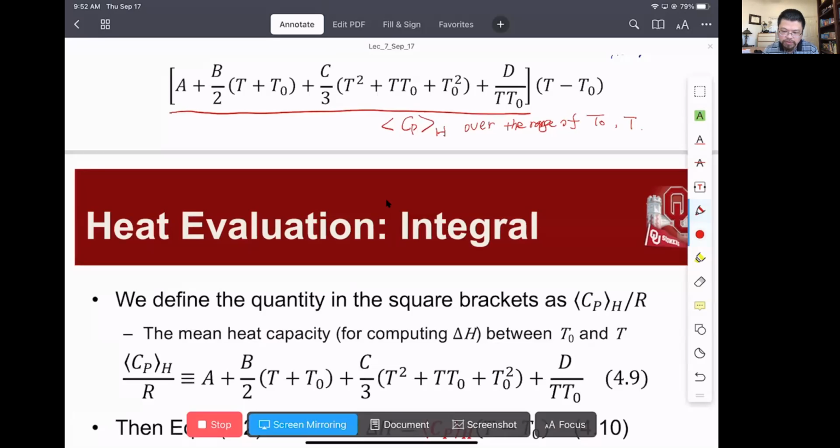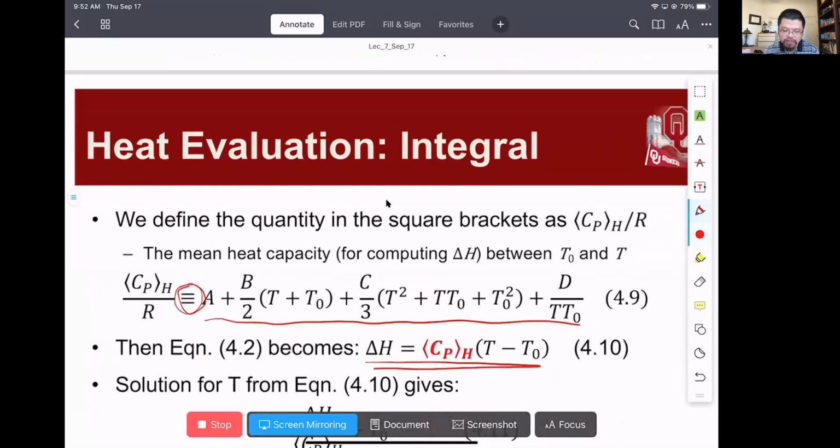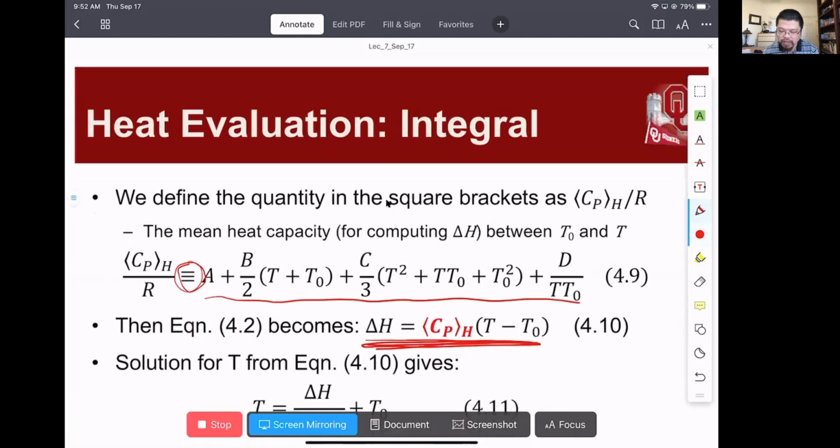Okay, so you can see that we define this, indicated by the sign over there, as the averaged Cp value over R. And we try to make this equation a little bit easier for us. So if I know the change from T naught to T, and I know the average heat capacity for that temperature change, then I can easily figure that out.